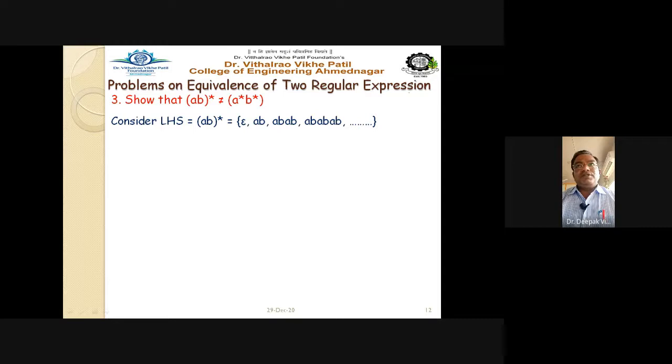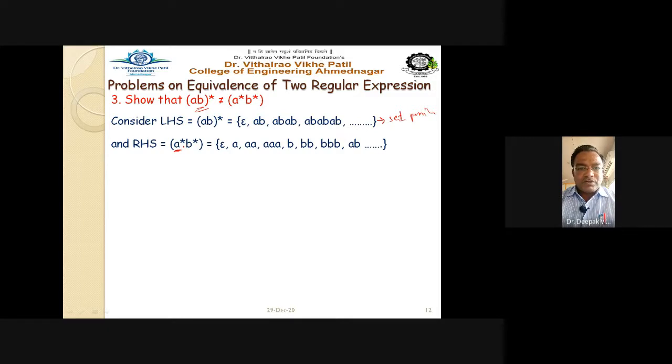So this is nothing but the set of all possible strings from the left hand side regular expression, and in the same way the RHS, A star dot B star. Now here, what is the meaning of A star? It means either 0 or more than 0 A's, and B star means either 0 or more B's. That is, epsilon, yes, A, double A, triple A, then you can have B. What is the significance of A here?